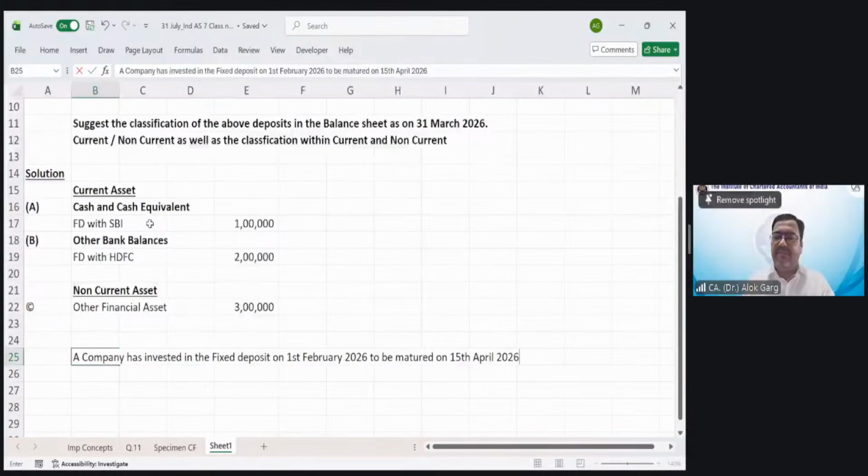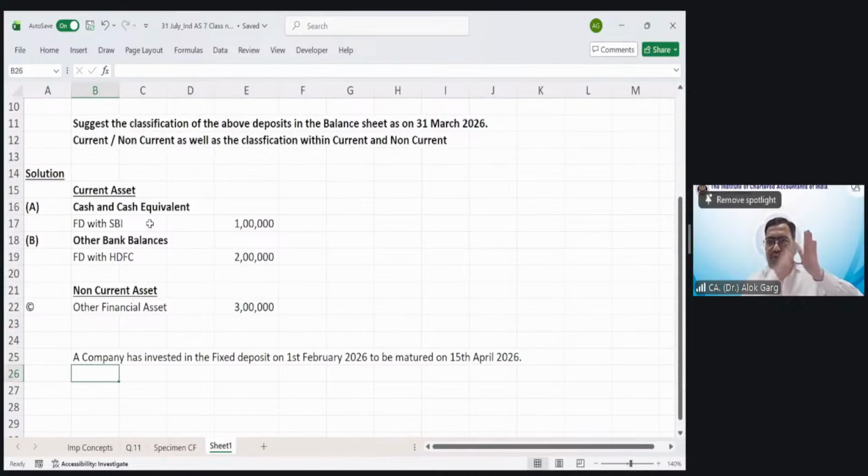Manoj, is it for less than 3 months, from the original date of deposit to the original maturity? Is it within 3 months, in this example which I am taking right now?